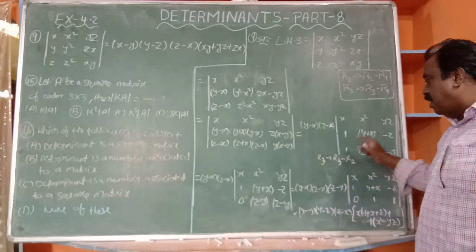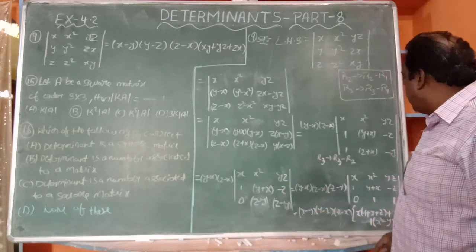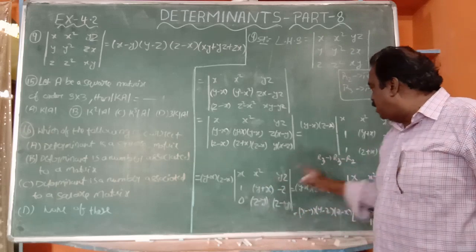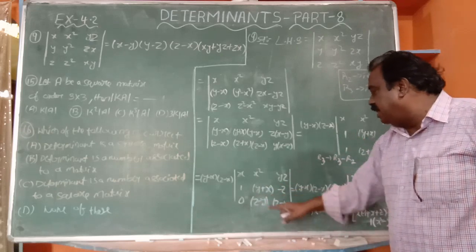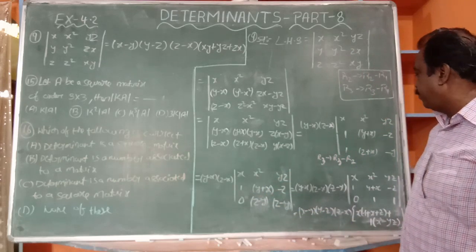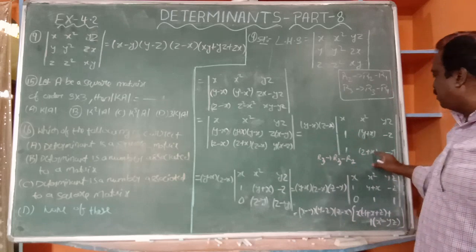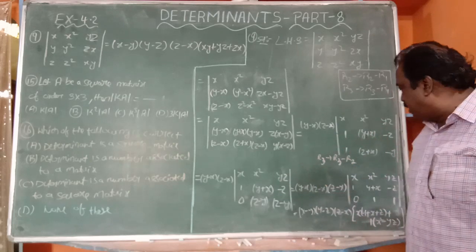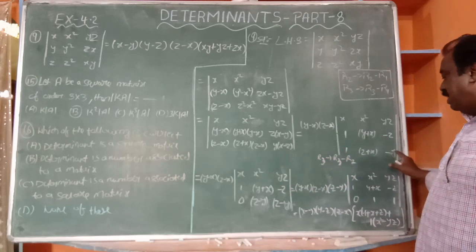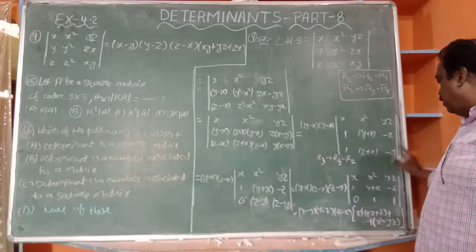So R3 minus R2. First and second rows stay as they are, whereas the third row becomes 1 minus 1, 0. Then z plus x minus y minus x: x is cancelled, z minus y. And here also minus y, minus of minus z, plus z minus y will come.